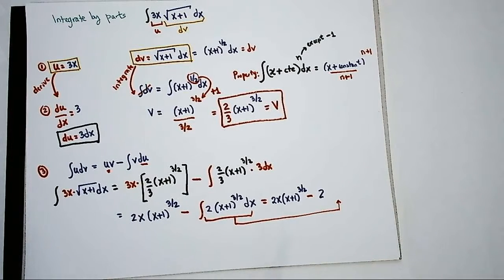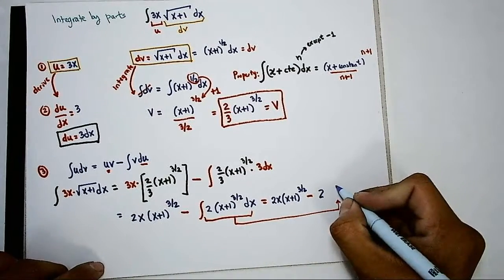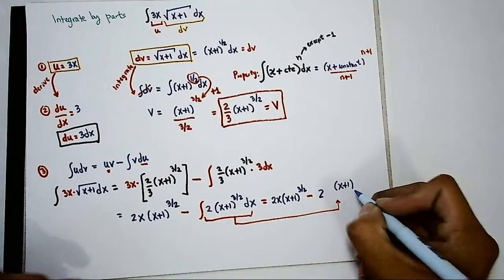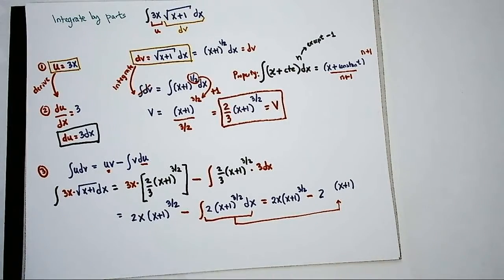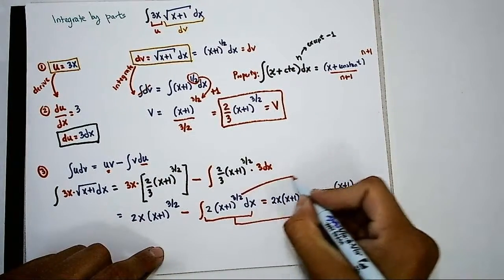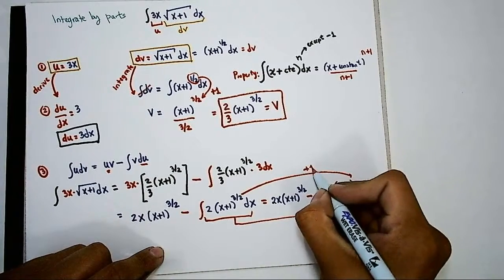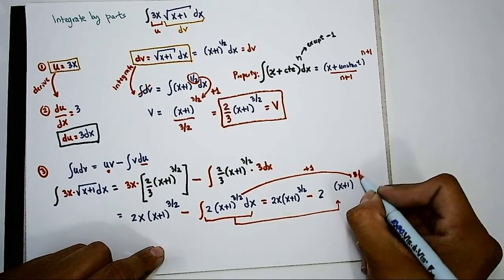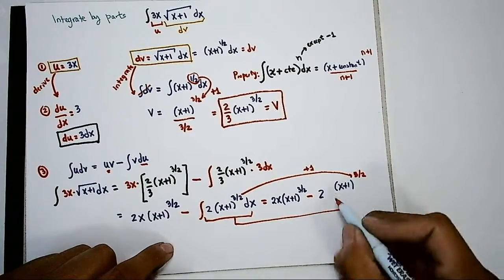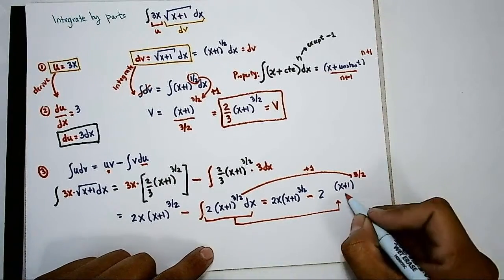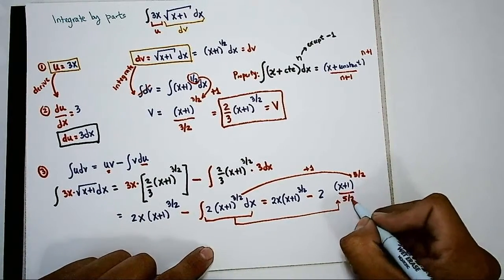So the only thing that is going to change is that instead of being only x, it's going to be x plus 1. In other words, the integral of x plus 1 to the 3 halves is x plus 1, we add 1 to the exponent, so this is going to be 5 halves, divided by 5 halves.